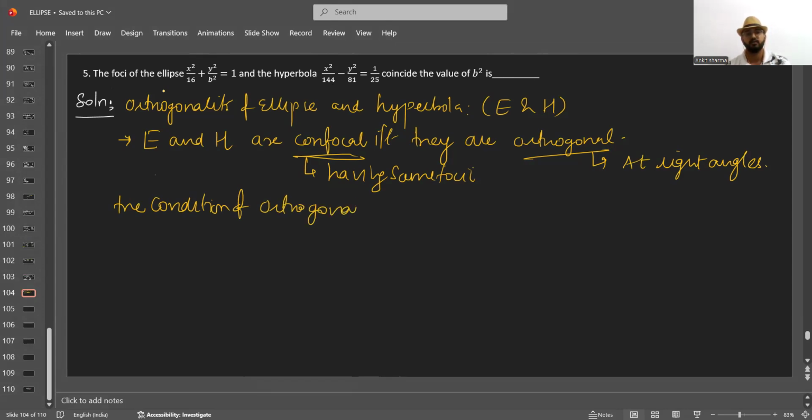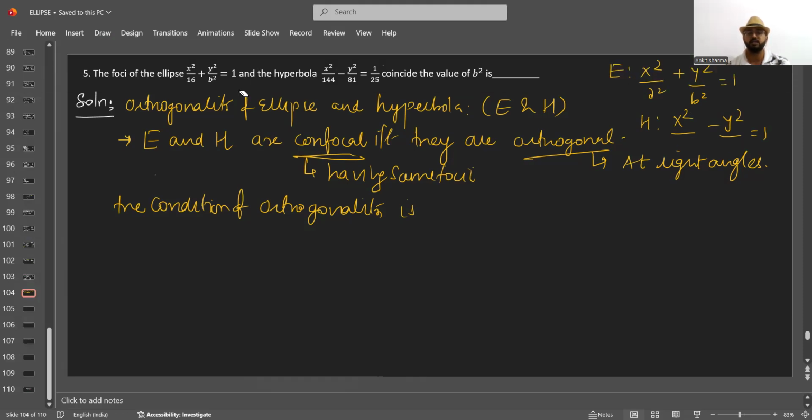If you have the ellipse E equal to x square over a square plus y square over b square is equal to 1, and let's say your hyperbola is x square over a square minus y square over b square is equal to 1. Let me not use a and b.